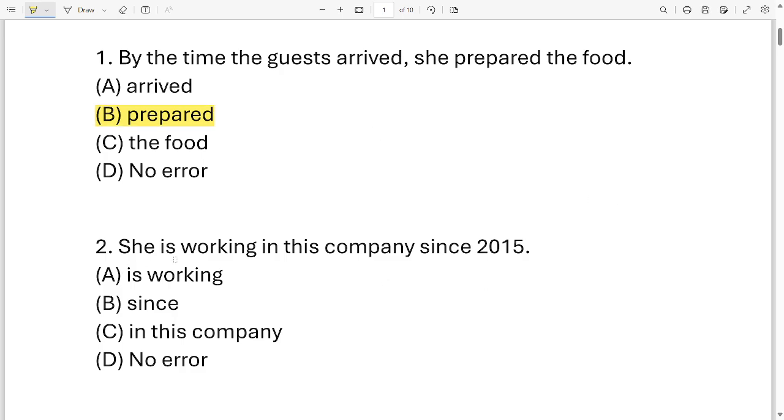Okay, next one. She is working in this company since 2015. Now, does this sentence have an error? Check carefully and choose your option. Option A is the error in this sentence.